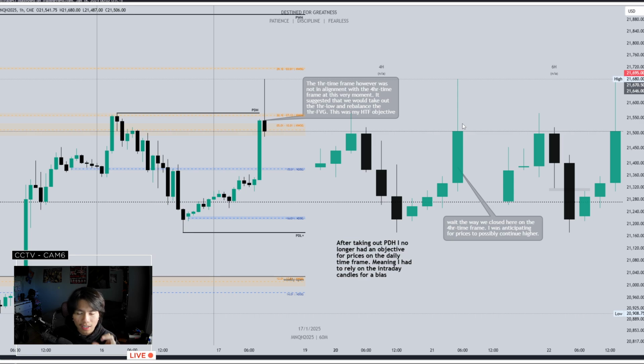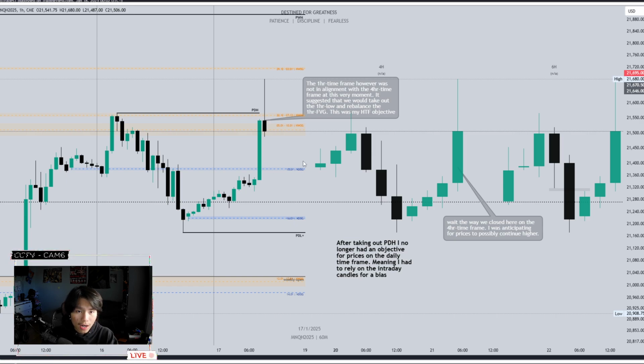Or it's not that I can't use that 4 hour time frame, I just can't use it in this specific time, right now, because right now the hourly time frame is telling me that we should continue lower within this next hour, but within the next 4 hours we could see higher prices, if that makes sense. So here I'm shooting for a short-term objective. I'm not really shooting for a long-term objective, if that makes sense.